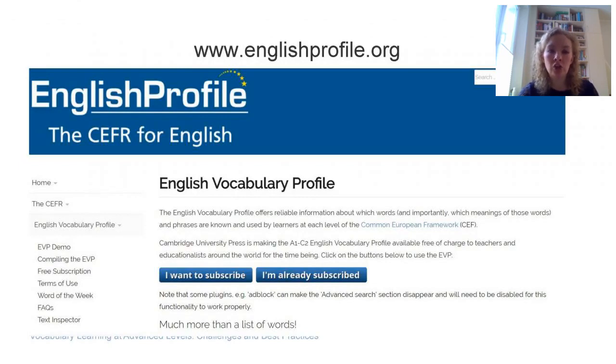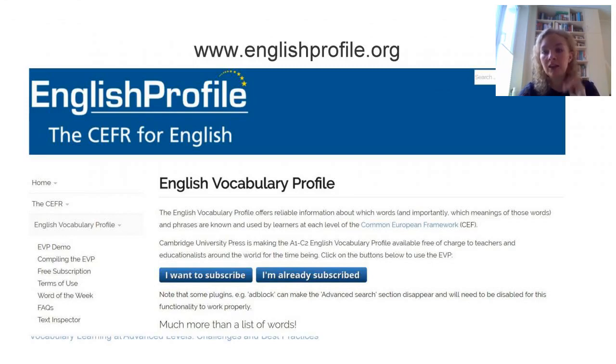Another thing I wanted to show you, but sadly this site was on maintenance during the last 2 days, the English profile. Have you heard about that? Yes or no? The English profile. This is a project of Cambridge English, and it's very much aligned to the CEFR, the Common Framework of Reference for Language Levels.